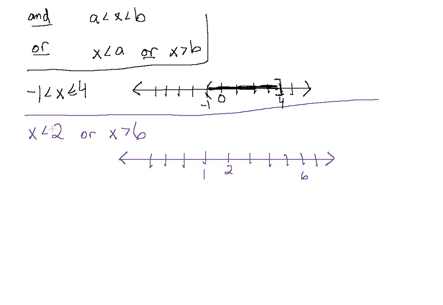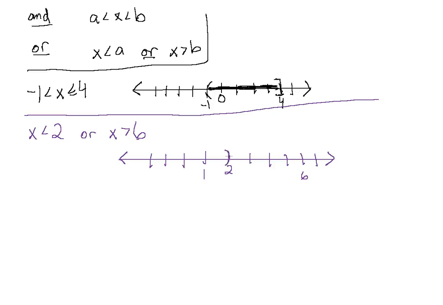So we want all the values that are less than 2 or all the values that are greater than 6. Neither of them is less than or equal to or greater than or equal to, so we're actually going to use parentheses here. We're going to shade all the values that are less than 2, and we know how to do that.